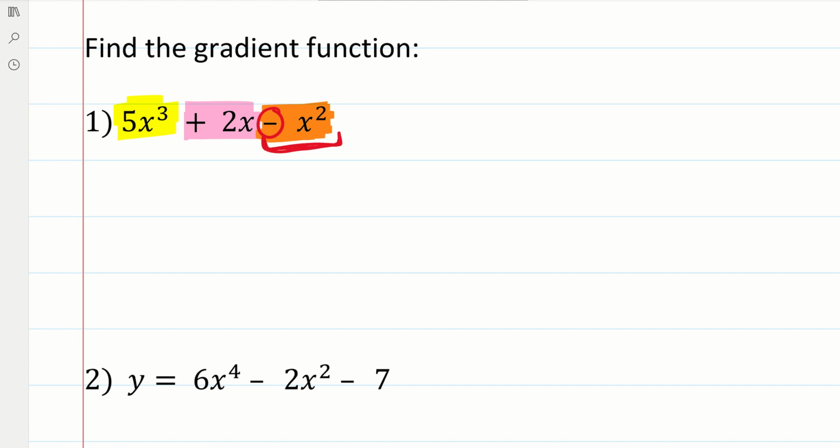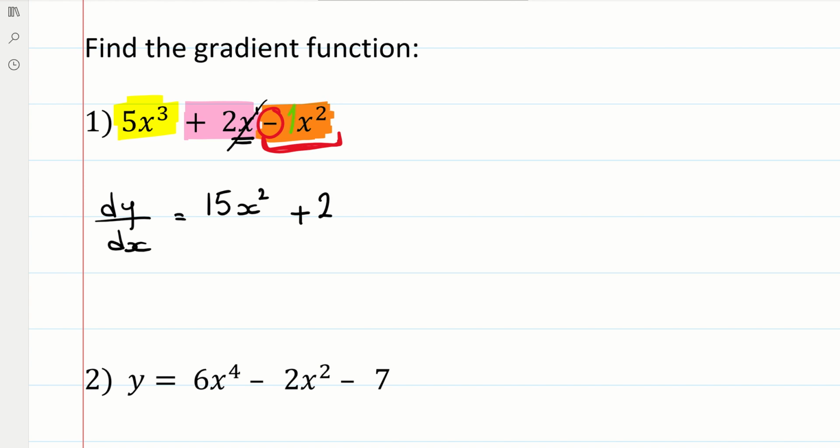So the negative belongs to the x squared. dy over dx. 3 times 5 is 15x, 3 minus 1 is 2. 2x, well, that's very easy. This is x to the power of 1, 1 minus 1 is 0, x to the power of 0 is 1, so it simply becomes plus 2.